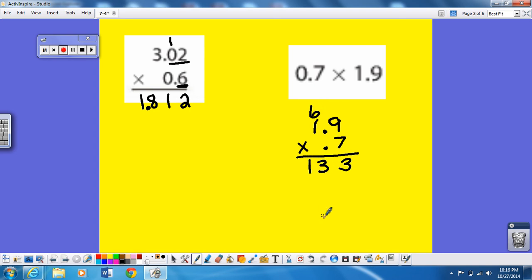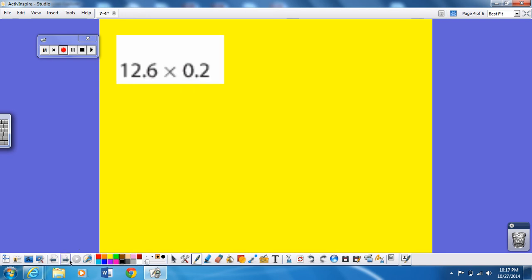So I just multiplied normally, ignored my decimals. Now that I have an answer, it's time to look at my decimals. There's 1 digit here, and there's 1 digit here. So there's a total of 2 digits after the decimal point. So in my answer, there has to be 2 digits after the decimal point. So 1.9 times 0.7 is 1.33.